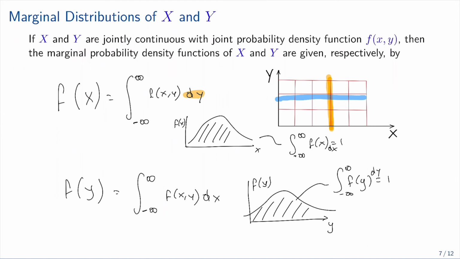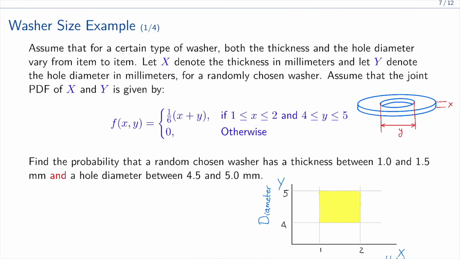Okay, let's have a look at this concept in an example. We have a washer. The washer has a thickness, which we are going to call the variable x, and the internal diameter, which we are going to denote by y.